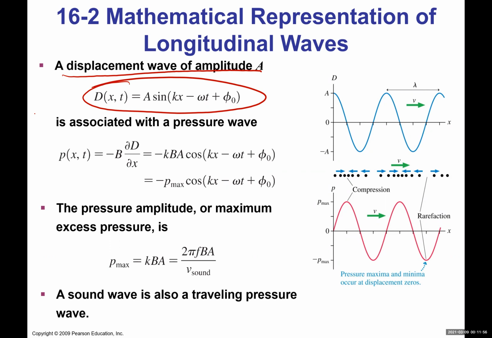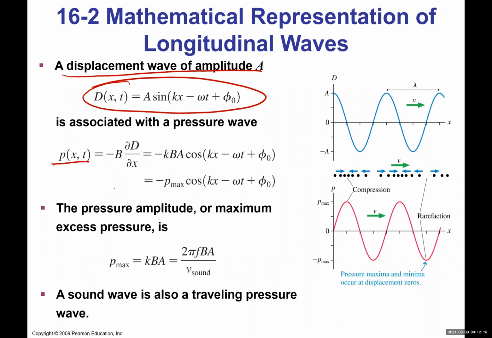Well, this was the equation for the traveling wave, and then P, a pressure wave, is basically negative B times the derivative of that as a function of x. And remember, this is a partial derivative. That means we treat t as a constant and only take the derivative with respect to x.